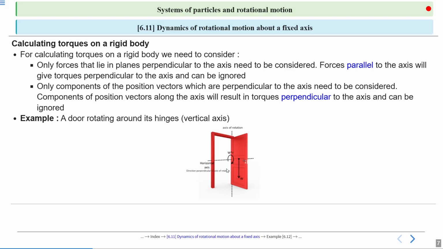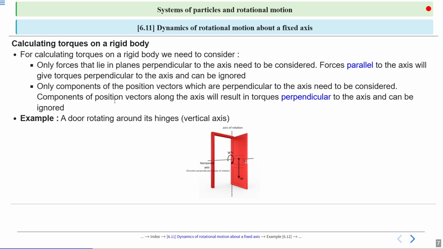No, because no torque is generated. But if you push it perpendicularly, say at the handle here, it easily rotates. That force is perpendicular to the axis of rotation, so it creates torque.